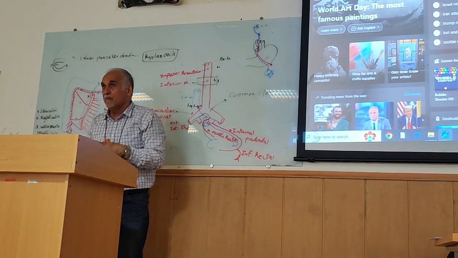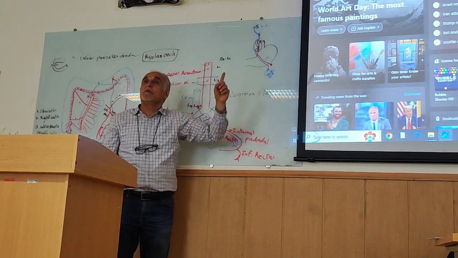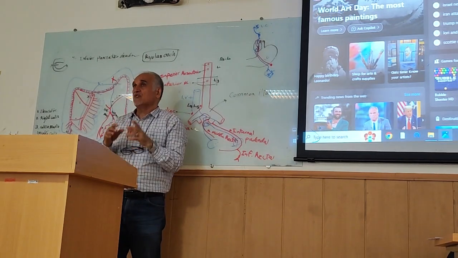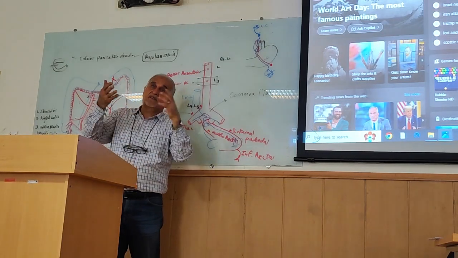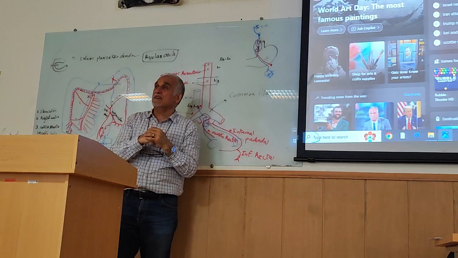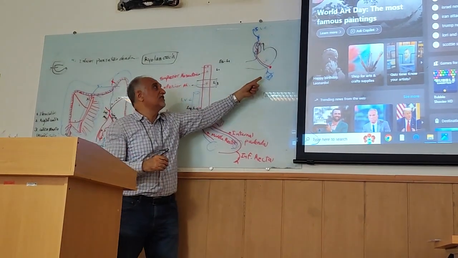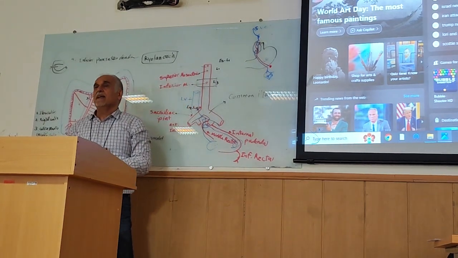As I told you, this blood is full of nutritional substances. It should be detoxified and saved, or some process should happen on them. So if they reach the cava directly, it causes problems for us.